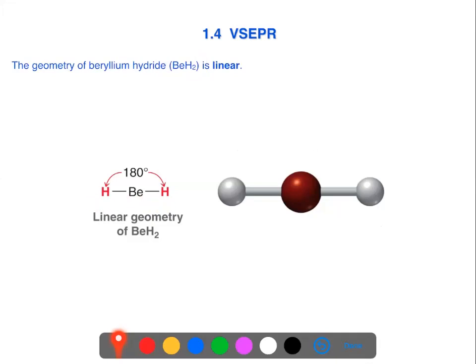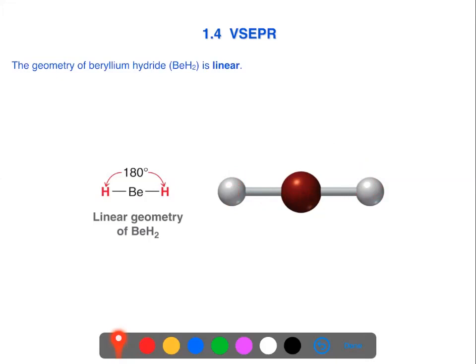And so therefore, we have 2 bonding pairs of electrons. And so the best way to arrange these 2 bonding pairs of electrons in space, such that they minimize their repulsion with one another, is to place them in this fashion, where they're 180 degrees apart from one another. So that gives rise to a geometry which we refer to as linear, that the angle between this hydrogen, beryllium, hydrogen, is 180 degrees.